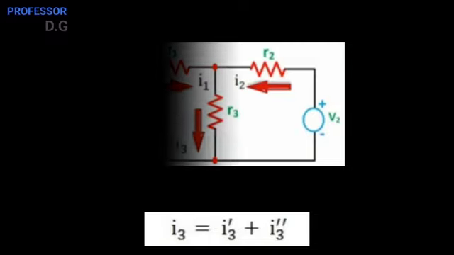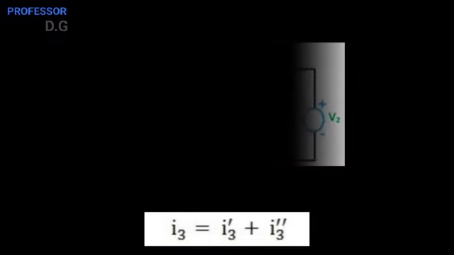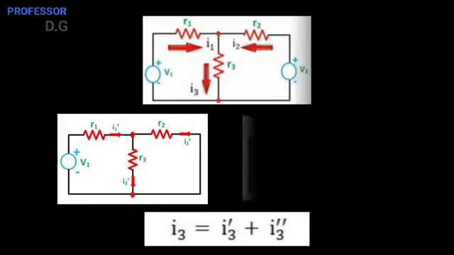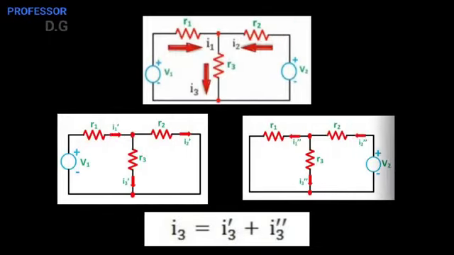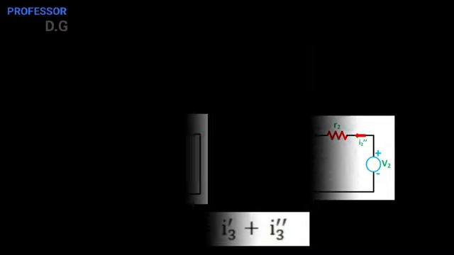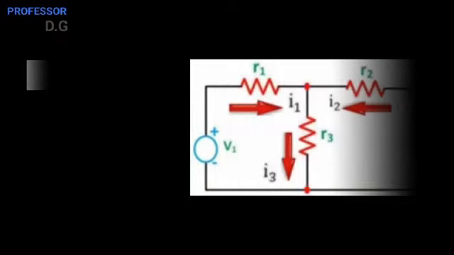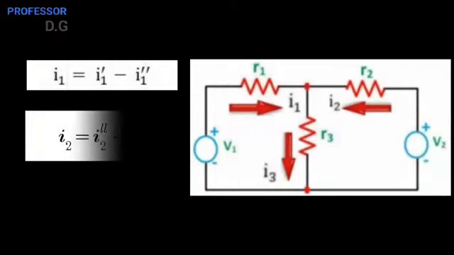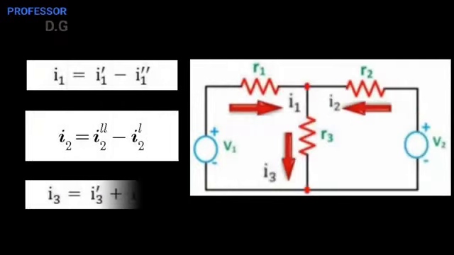In that case, I3 dash and I3 double dash both are maintaining the same direction as I3. So I3 dash and I3 double dash both are considered as positive. Thus, branch currents are shown here. This is superposition theorem.